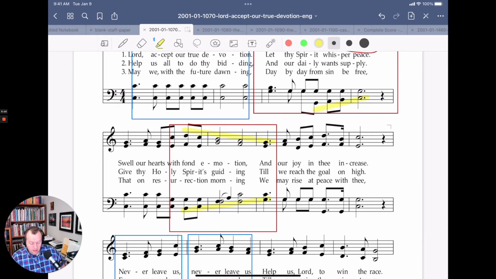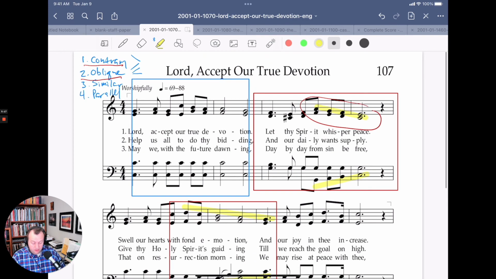Okay. The other type of motion we have here is oblique motion, which I've marked in blue. So here in the very opening 2 measures, take a look at the bass. The bass is not moving. It's steady on one pitch level, while at the same time, the upper voice is moving. That's what we call oblique motion. One voice stays the same, the other voice moves.